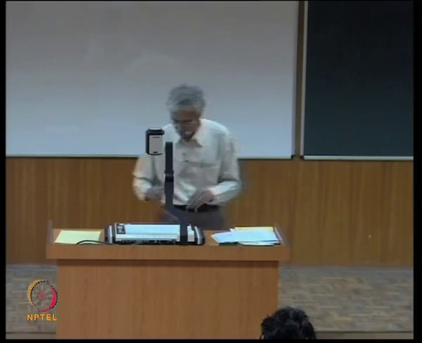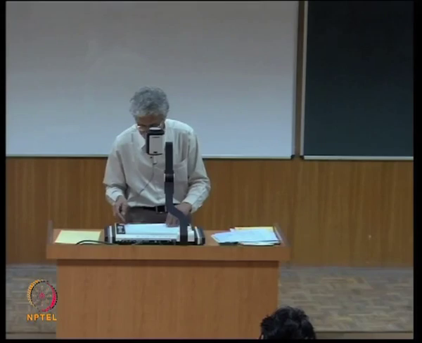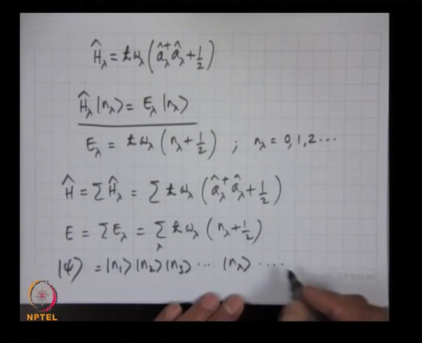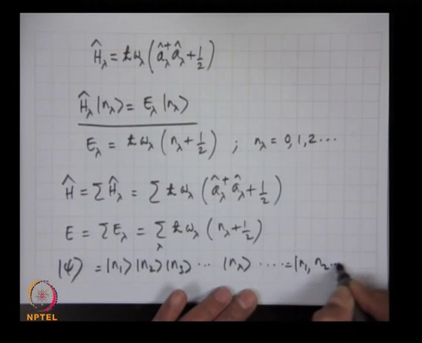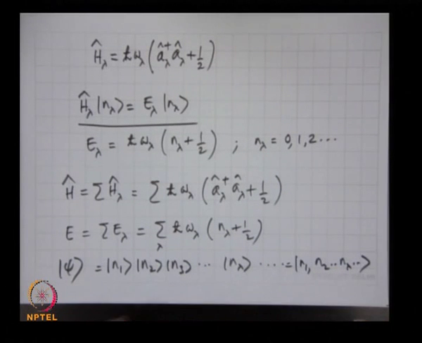What will that correspond to? That will correspond to a state. This is usually written in a shorter form, essentially stating that this is a product of the kets corresponding to mode 1, mode 2, mode 3, mode 4, etc.